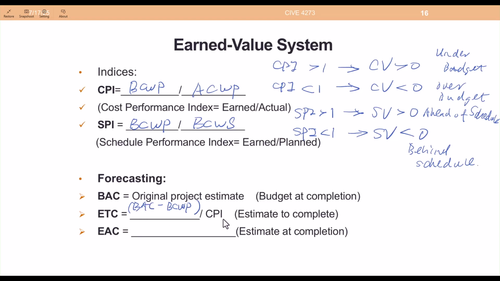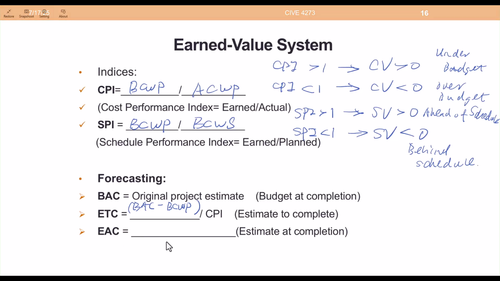If your CPI is smaller than 1 in the denominator, we know the ETC is going to be greater than BAC minus BCWP. It makes sense because your cost performance is in bad shape since your CPI is less than 1, and you expect your ETC is going to be greater than your original budget. So that's kind of like we try to project everything is going to progress according to our existing pattern.